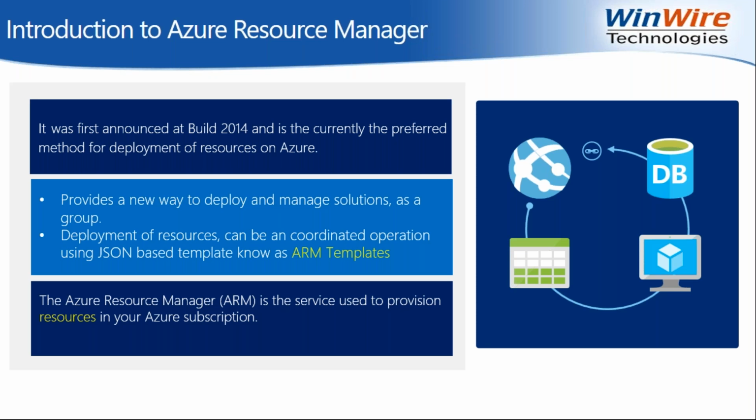This layer provides us with a new way to deploy and manage solutions as a group, and the deployment of resources can be coordinated using JSON-based templates, also known as ARM templates or Azure Resource Manager templates. So we can use Azure Resource Manager to provision any resources and other services on the Azure subscription.